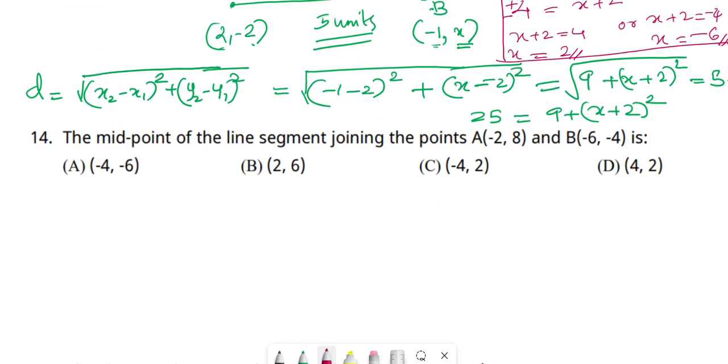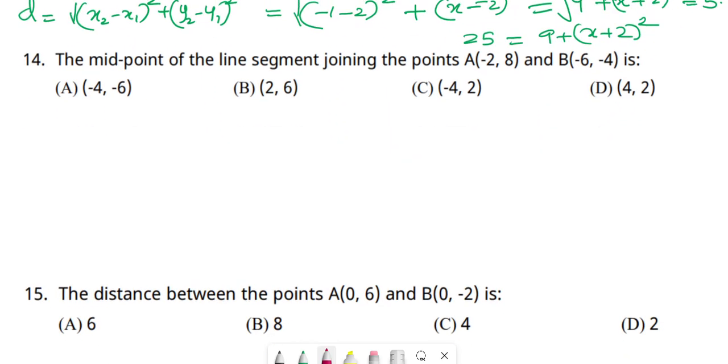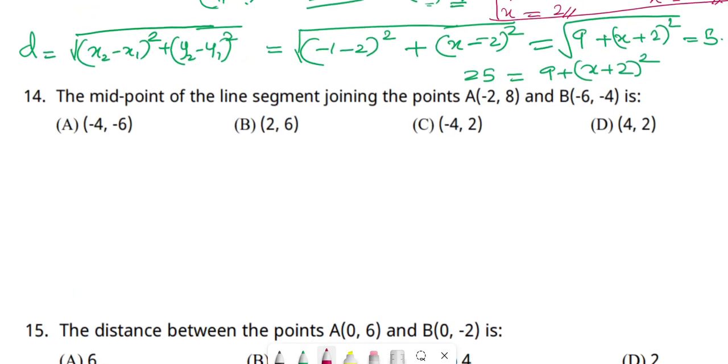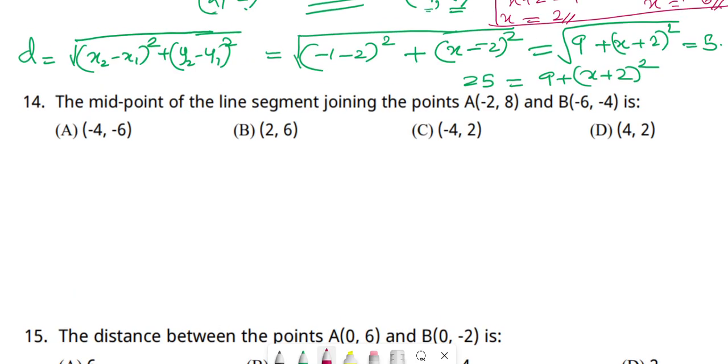Clear? Okay, next question. The midpoint of the line segment joining the points A(-2, 8) and B(-6, -4) is. So we can take 2 points.